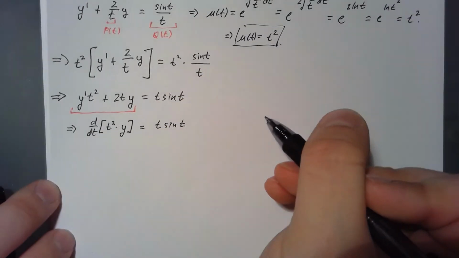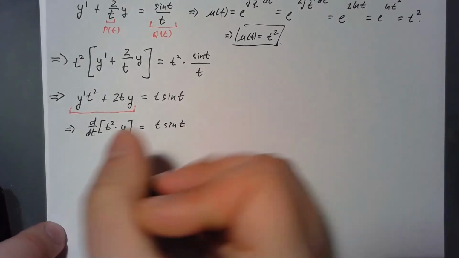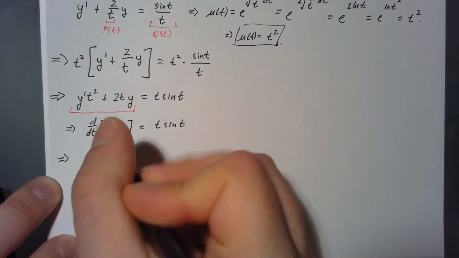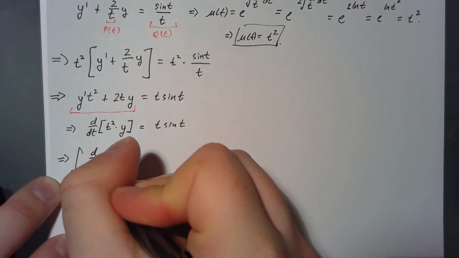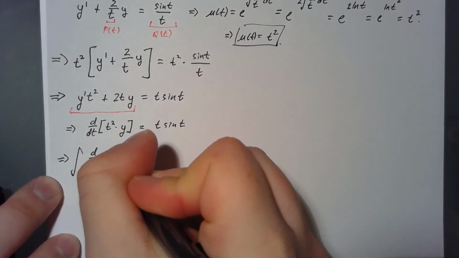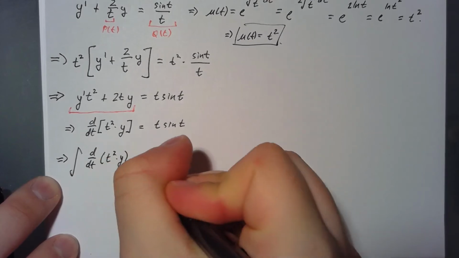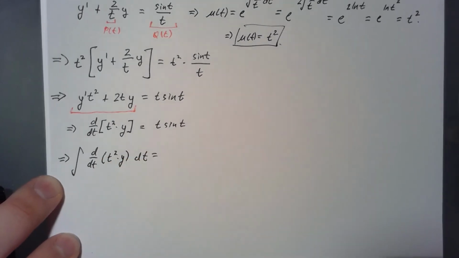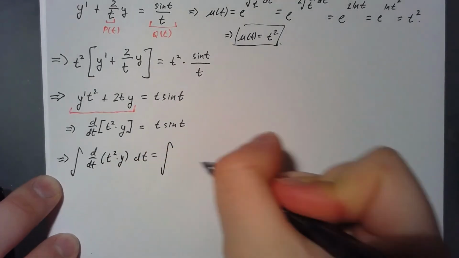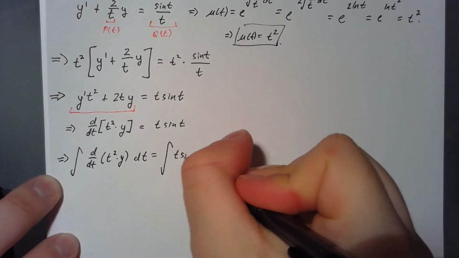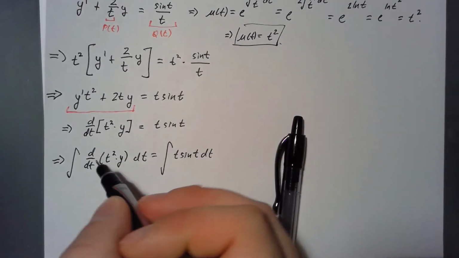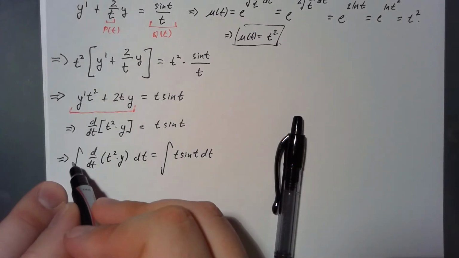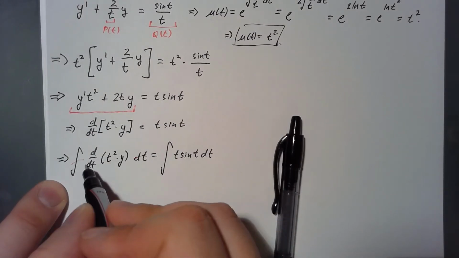So now I could do what? Integrate both sides. The integral of t sine of t dt. Okay? So now this integral cancels out with the derivative.